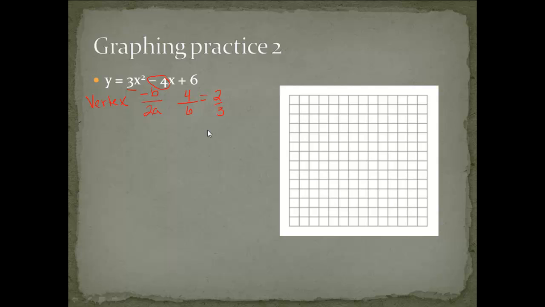Now I have to go back and plug that into my equation to figure out what my y value is for my vertex. So I'm going to go ahead and put y equals, and then sub in the 2/3 for my x's. Calculate that out.